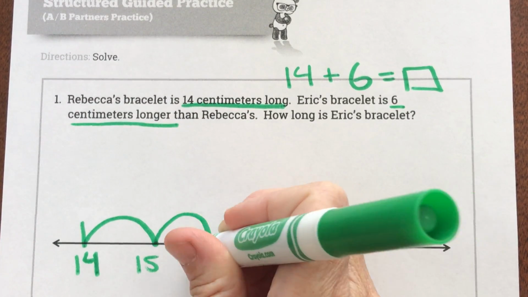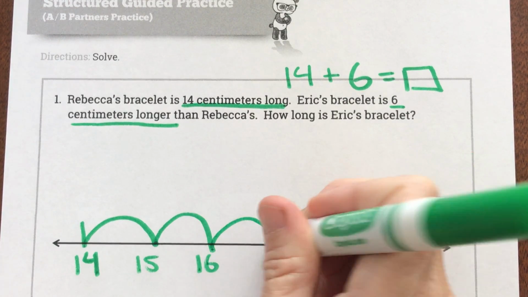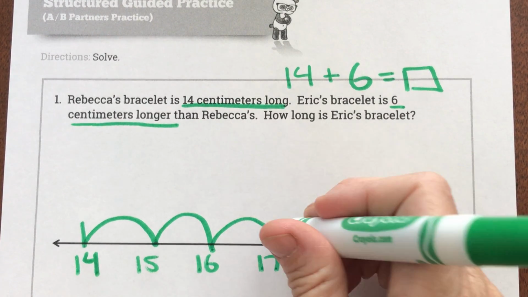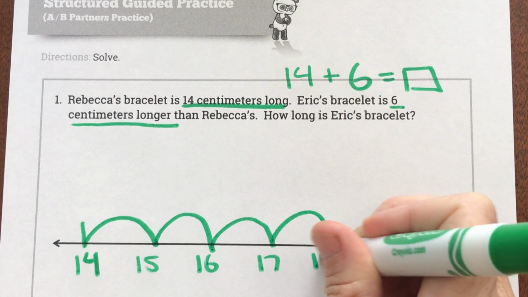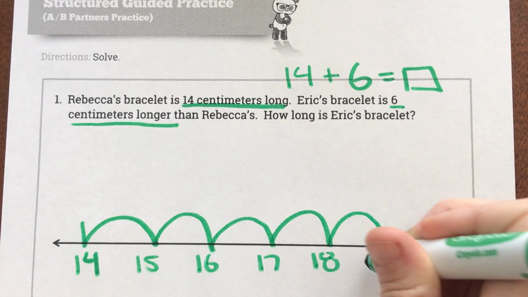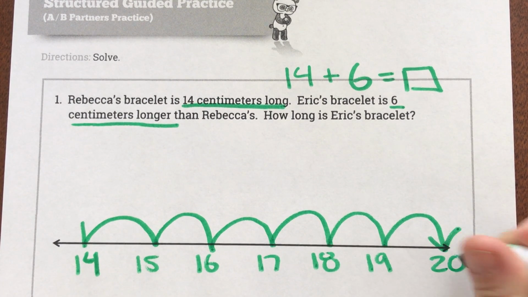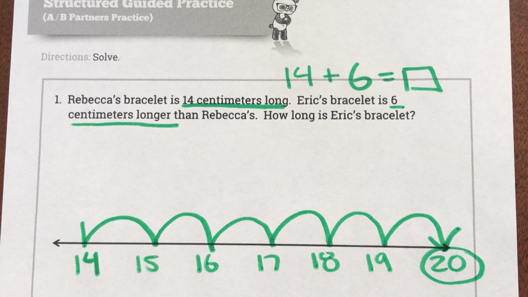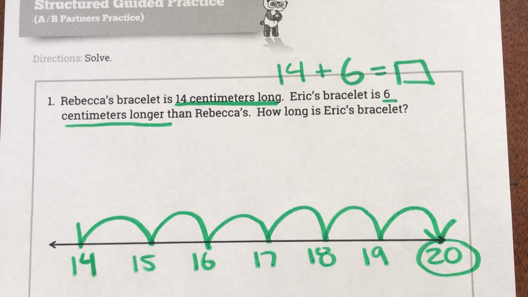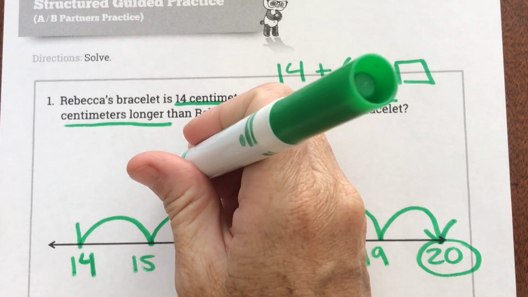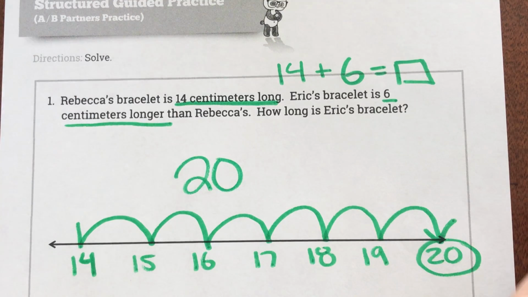If I add 2, 16, add 3, 17, add 4, 18, add 5, 19, and add 6, I get to 20. So how many did we add? 1, 2, 3, 4, 5, 6, and we got 20. So Eric's bracelet is 20 centimeters long.